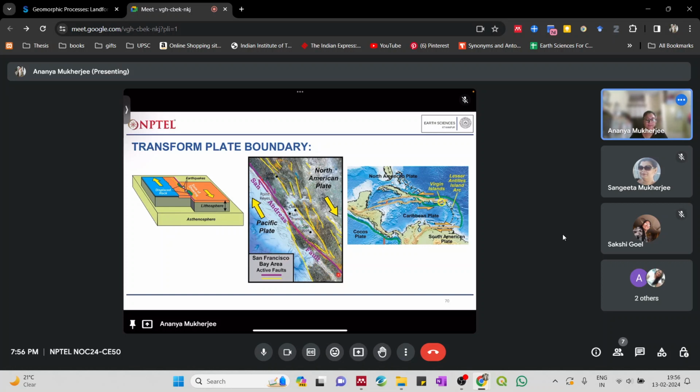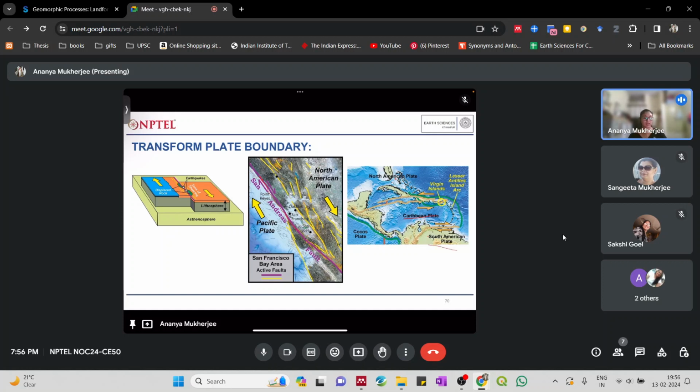fault that we see. And over here you can again see that even between the North American plate and the South American plate, there are smaller transform plate boundaries present. The Caribbean plate and the American plate have a transform boundary between them, as well as the Caribbean plate and the South American plate.